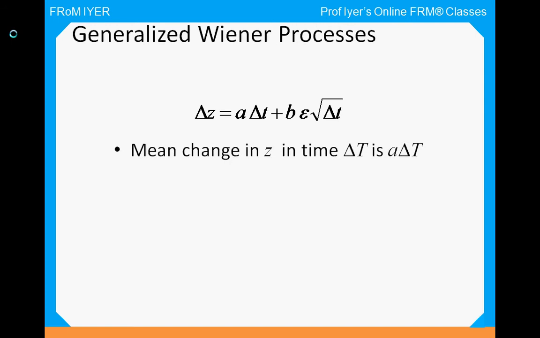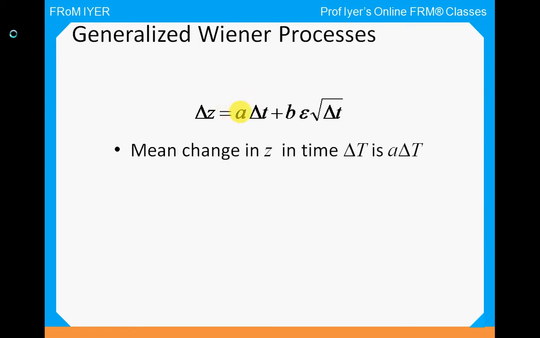Now the mean change in z in time delta t is a into delta t, which means a here is the growth rate or the drift rate of the process. It is the rate at which the variable z increases with time. So in time delta t, a into delta t will be the mean change.